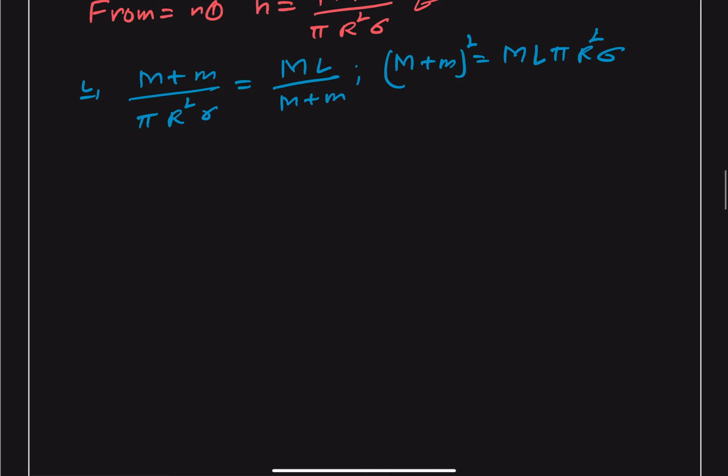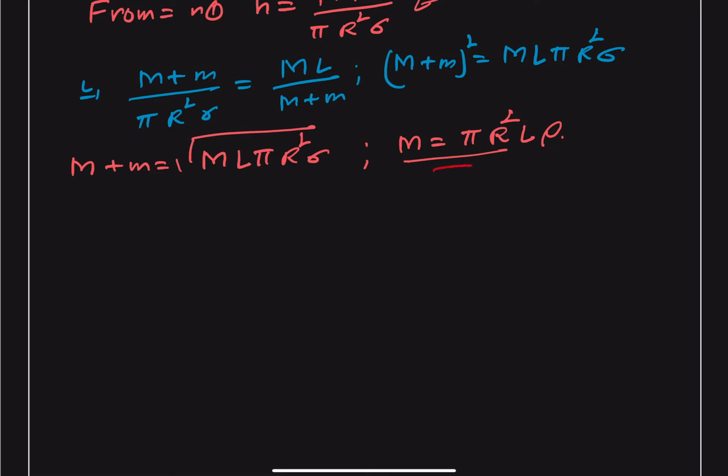This can be further written as M plus small m is equal to the square root of M L by r square sigma. And we already know that capital M is given as pi r square L multiplied by rho.